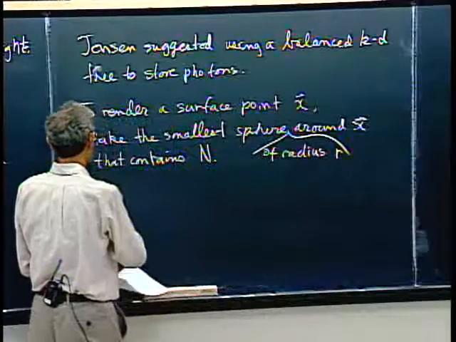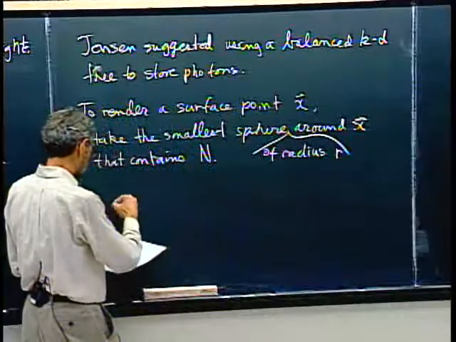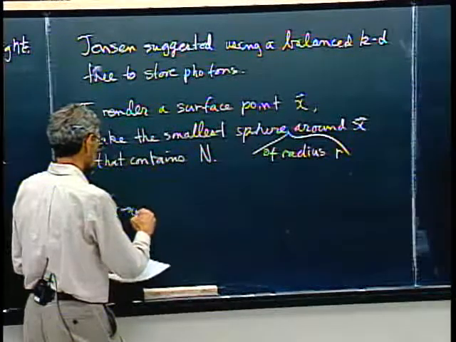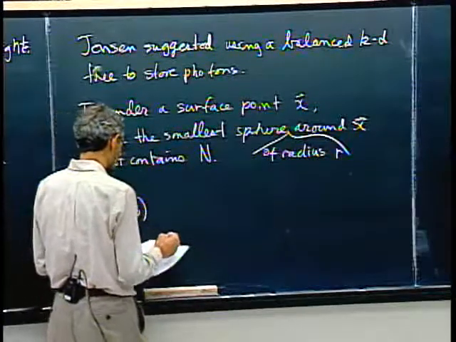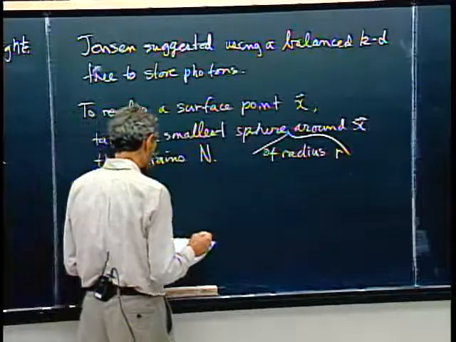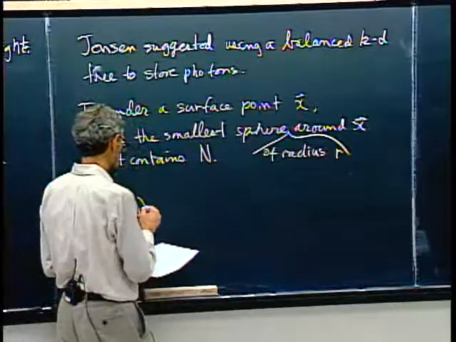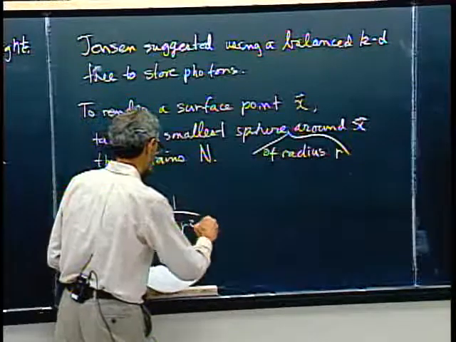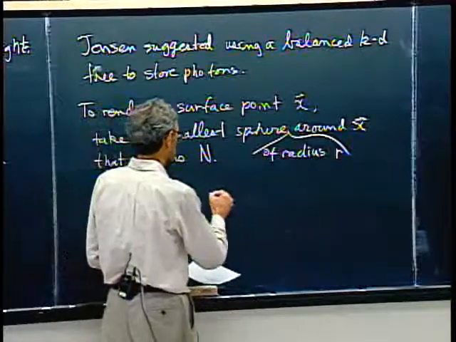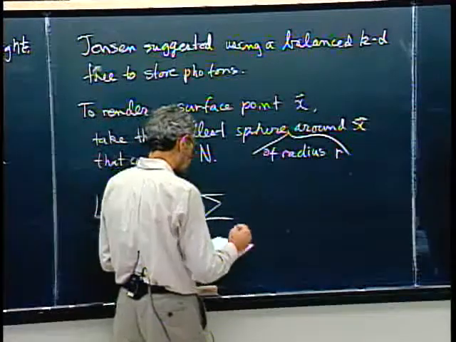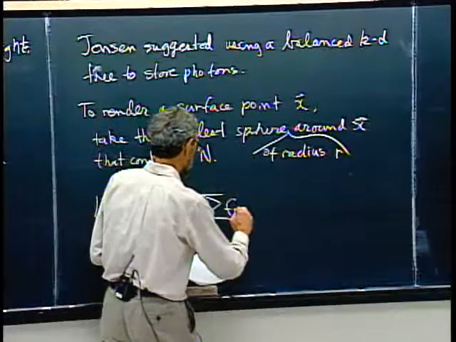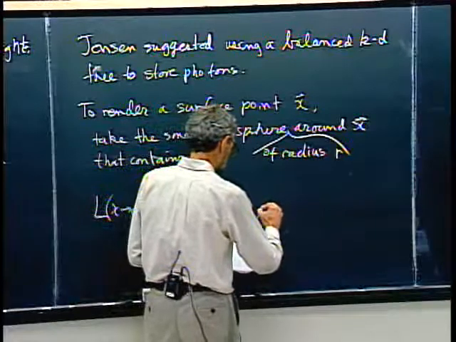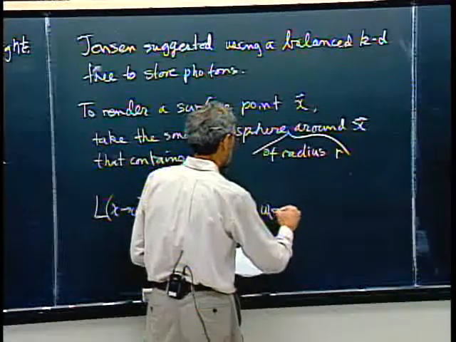And so here I'm going to write the formula in the book, the way they wrote it. L of X, omega. The light coming out from X in a direction omega is 1 over pi r squared, that's the area factor, times the sum of the bidirectional reflection function at X for light coming in, say, in omega i and going out in omega.